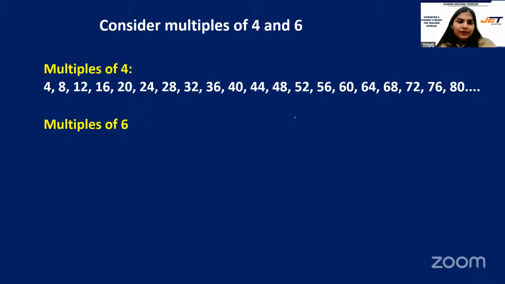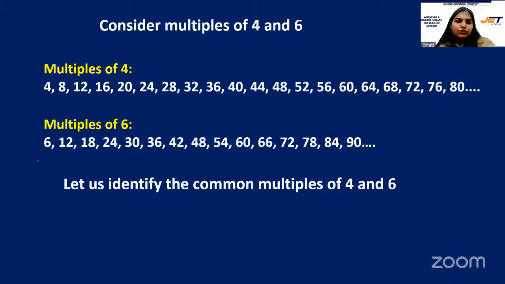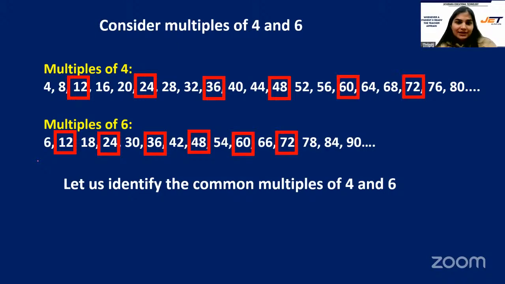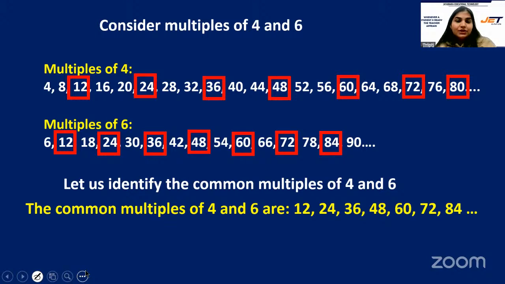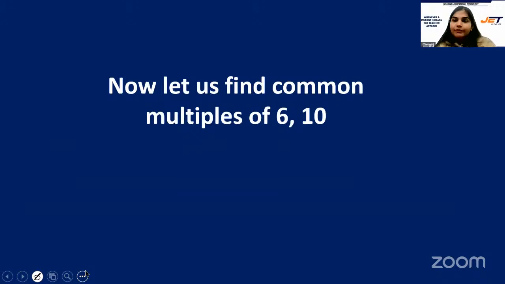Okay? Now, moving on to the common multiples. Here I can see the common multiples are 12, 24, 36, 48, 60, then 72. These are all the common multiples and so on. I have just written up to a certain number, but you have to keep going and see what the common multiples are. Now we will find the common multiples of 6 and 10.